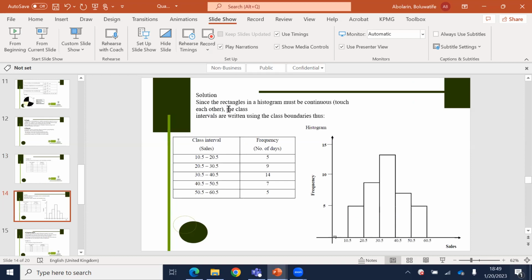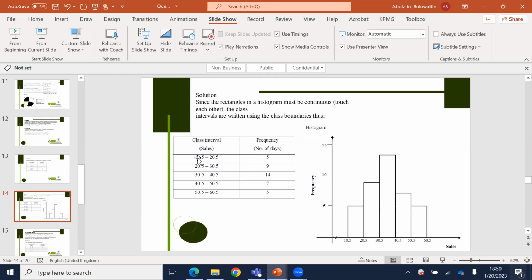They said since the rectangles in a histogram must be continuous, the class intervals are written using the class boundaries. So this time around, I'm not going to use 11 to 20. You are going to minus 0.5 from the lower figures and add 0.5 to the upper ones.